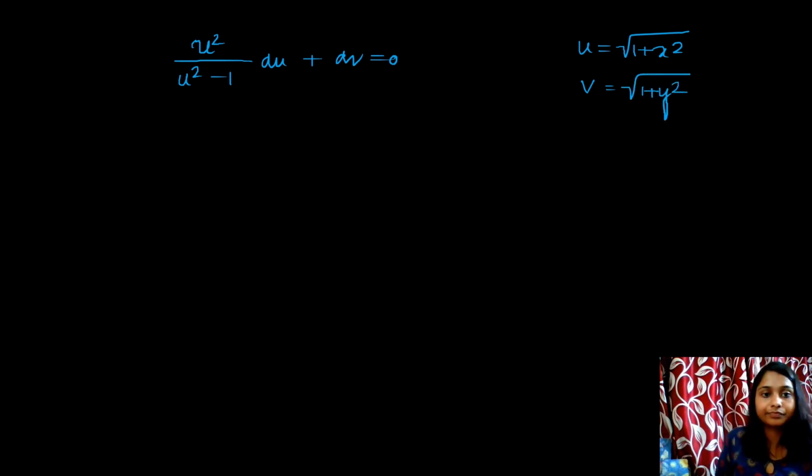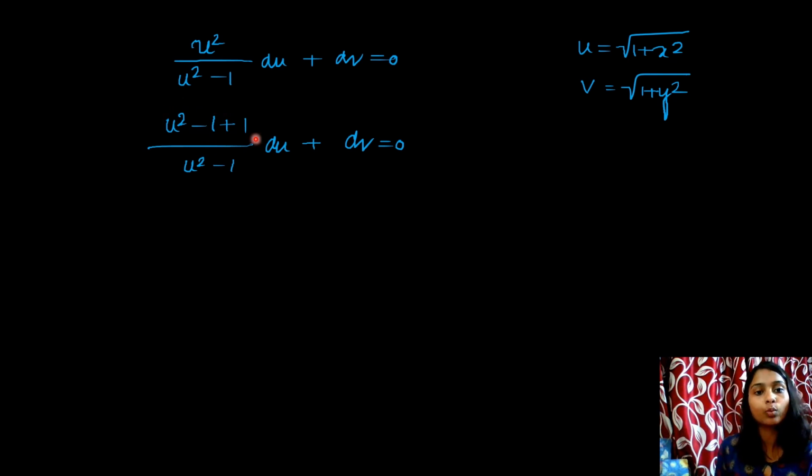Okay, so here we can do this, u square minus 1 plus 1, over u square minus 1 du, and there is dv. So if we separate these, if we take u square minus 1 separately and 1 separately, we will get u square minus 1 over u square minus 1 du.